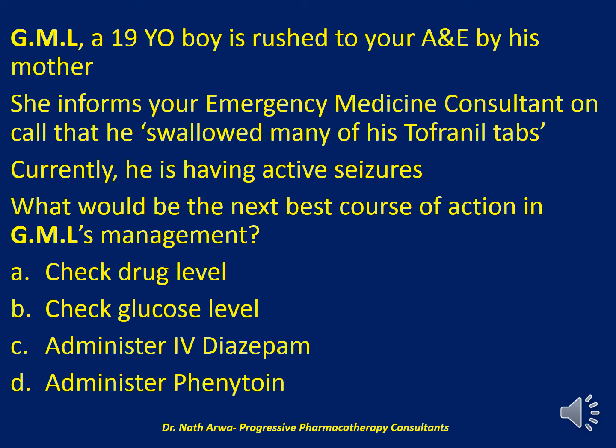So my question to you is, what would be the next best course of action in Master GML's management? Would you check his drug levels? Would you check glucose levels in the blood? Would you administer IV diazepam, or would you choose to infuse phenytoin? I'll give you 10 seconds to choose the correct answer.